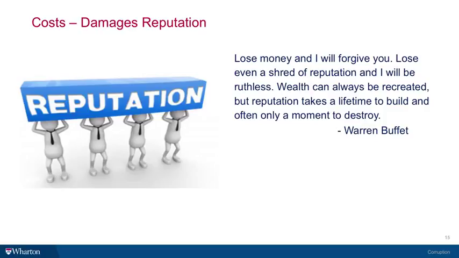Corruption and the revelation of corruption damages reputation. Reputation is something that in some senses can be quantified. Generally, about 1/3 of the value of a firm is intangible, and much of that is related to reputation. Reputation is something, though, that is inchoate.